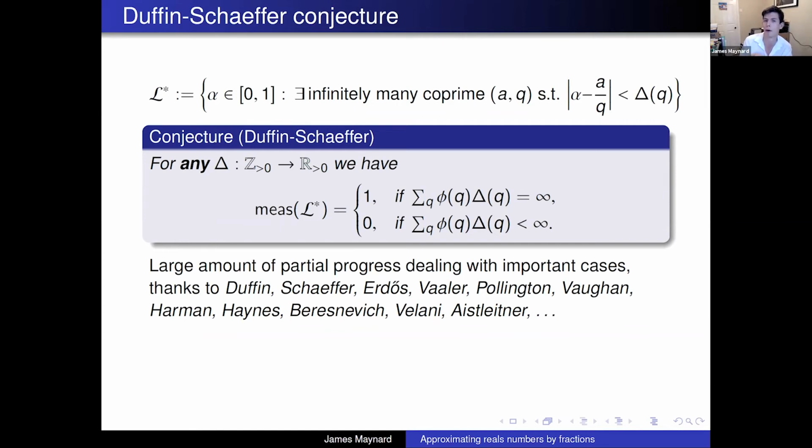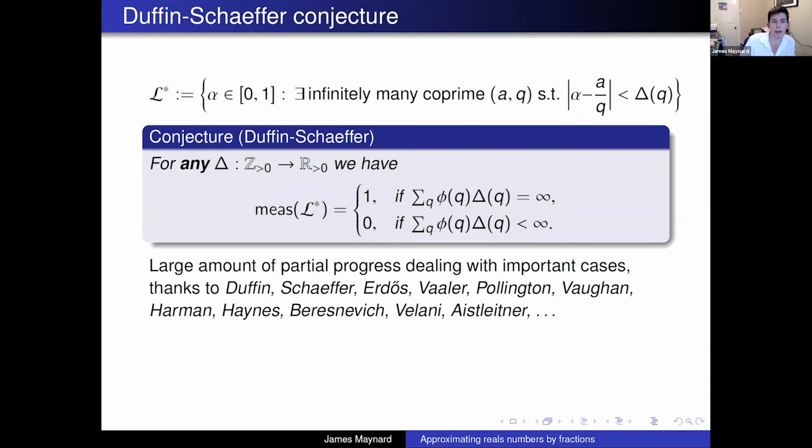Here, phi of q is the number of integers up to q which are coprime to q, so it's the number of reduced rationals with denominator q. So this is the perfect analog of the Borel-Cantelli lemma in this setting of reduced rational approximation.